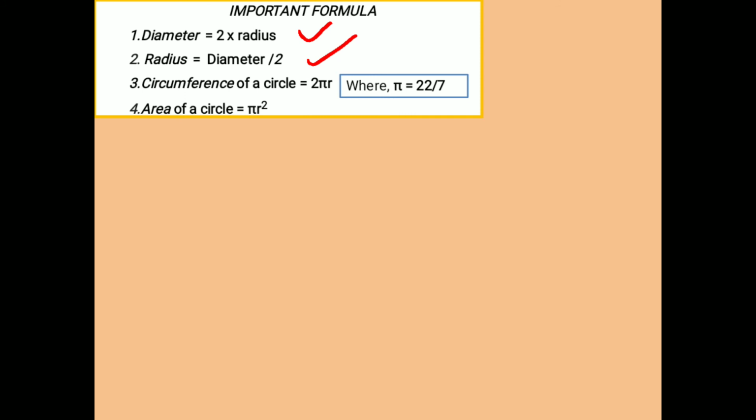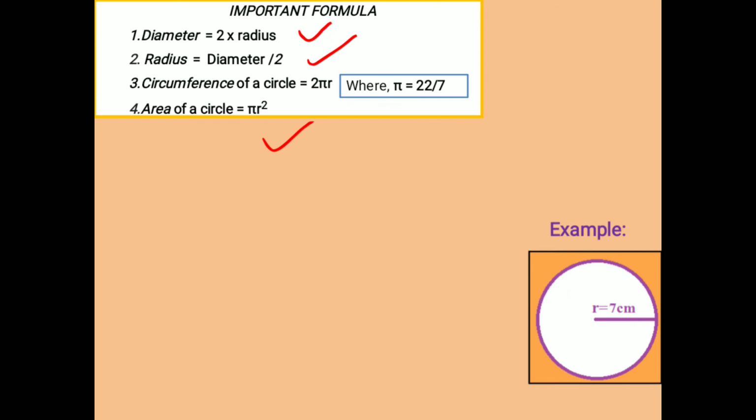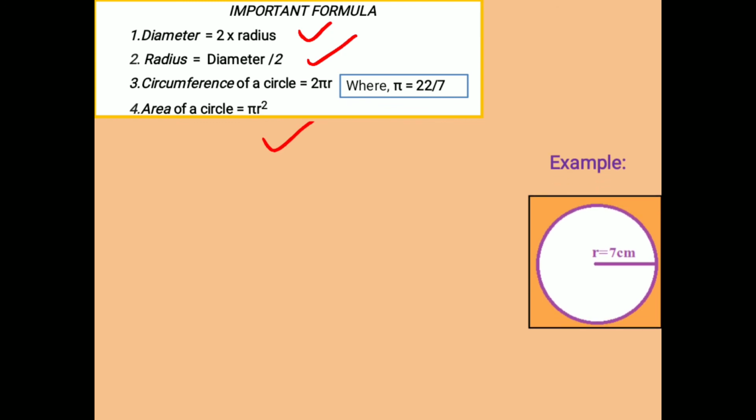Now area of a circle is found by the formula area is equal to pi r square. I think you know r square means r multiplied twice. Let's have a look at this example. If a circle has a radius 7 cm, then using the above relations, we can simply find the diameter of the circle.